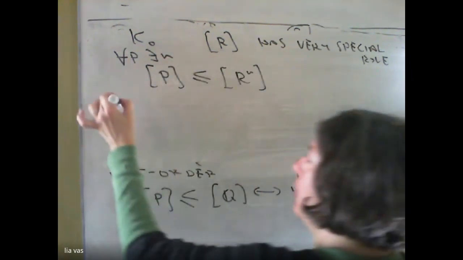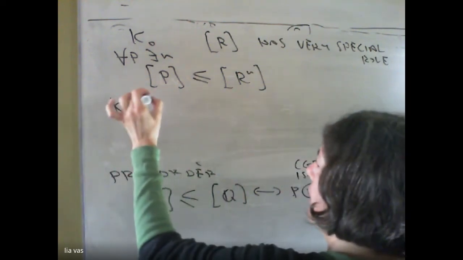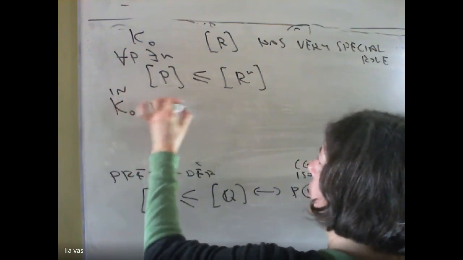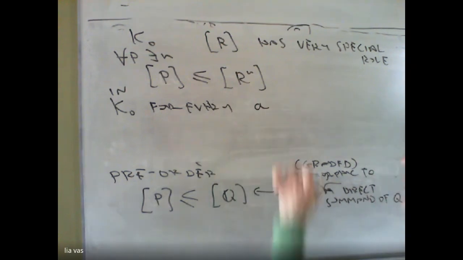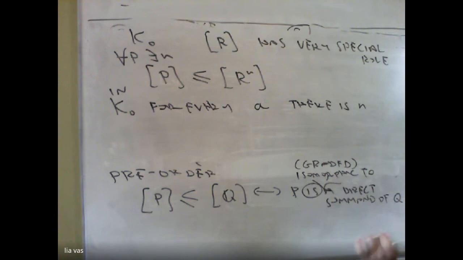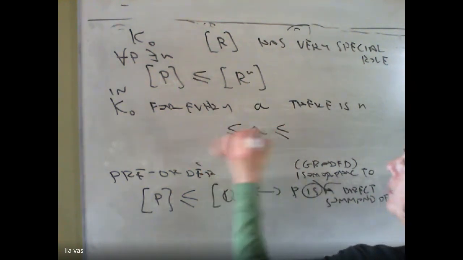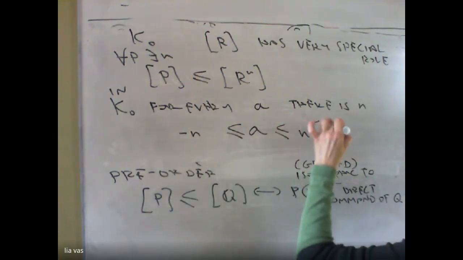And what does that mean when you go to the level of K0, right? For every element, let's call it A, there is n such that pretty much you can squeeze that A in between minus n and n times this r, right?